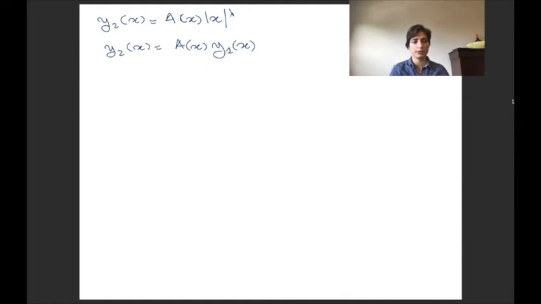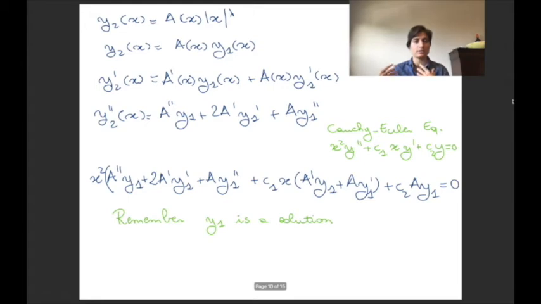So y2 is a product between a function we don't yet know and the function that is the first solution. We can do the various derivatives, first and second derivatives of y2. We remember the Cauchy Euler equation that we're trying to solve, x squared y second plus c1 x y prime plus c2 y equals 0, and we plug all these terms in our full equation.